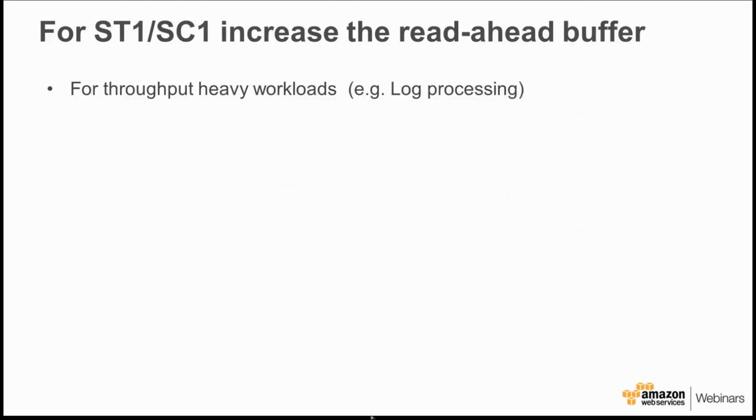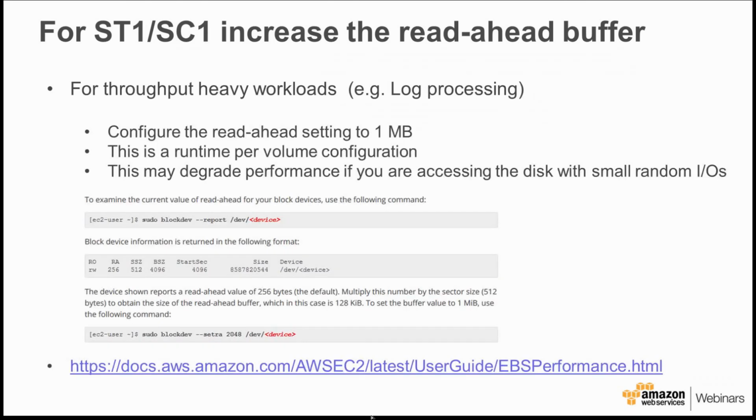Our next best practice is for our ST1 and SC1 volumes, and we recommend you increase the read-ahead buffer on your Linux instances. Again, ST1 and SC1 are optimized for throughput-heavy workloads. So we recommend configuring the read-ahead setting to 1 megabyte to optimize the performance. This is a runtime setting per volume configuration.